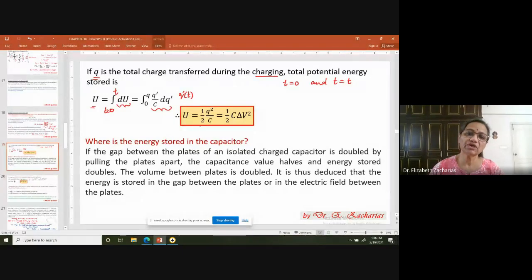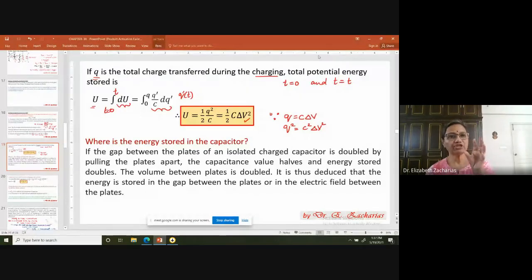Okay, now you can also see that this half Q square by C can be rewritten as half C delta V square. This is because we know the relationship Q is equal to C into delta V. Therefore, Q square is equal to C square into delta V square. So using that, you can also arrive at this equation.